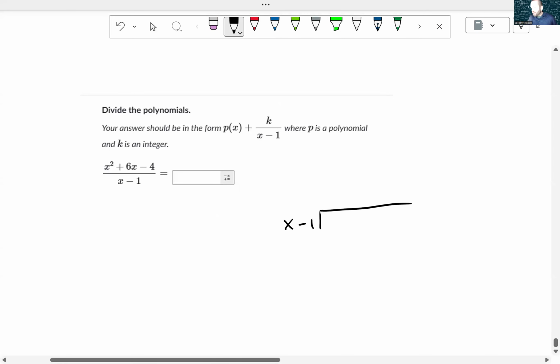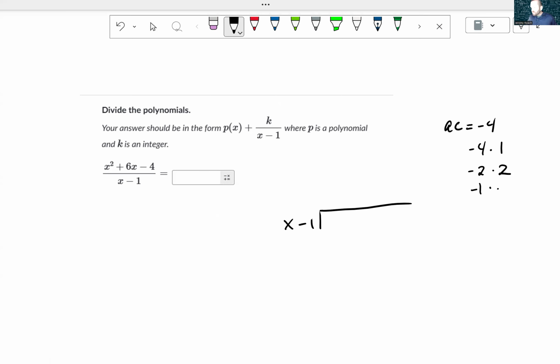So if you get stuck and you're not able to factor it, if you do A times C, that's -4. Well, -4 times 1, -2 times 2, 1 times -4, and then we have -2 times 2 again. None of those equals 6.